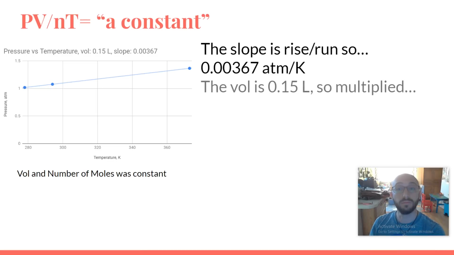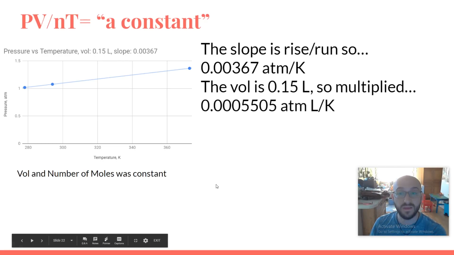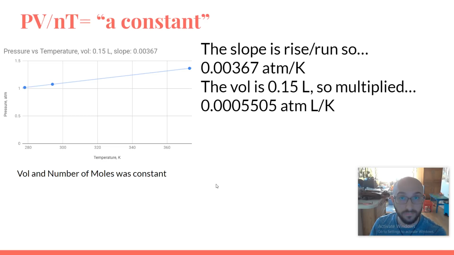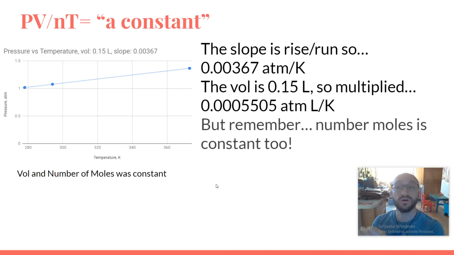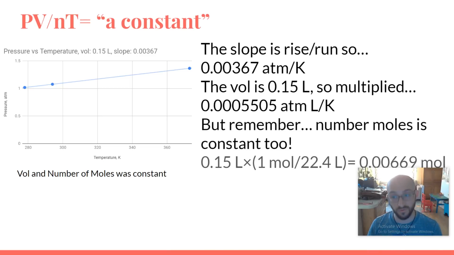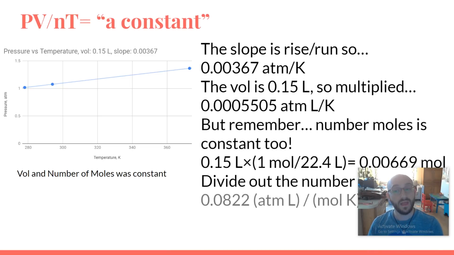I'm going to multiply by the volume because it's P times V, and that gives me that ugly number. I'm now going to divide out my number of moles, and I get the exact same number.